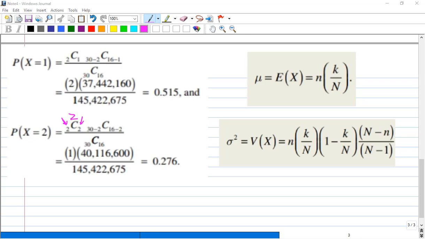All right, let's work one more hypergeometric problem. I'm going to pull a problem out of the homework.